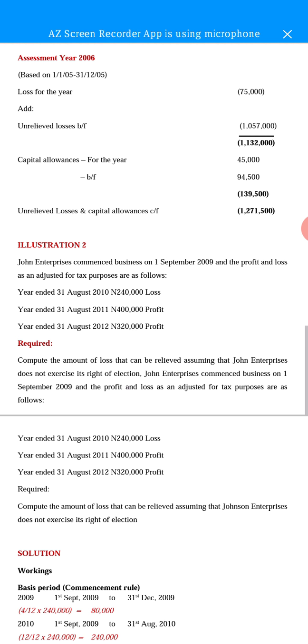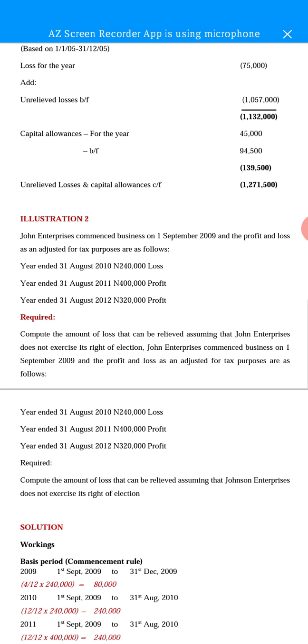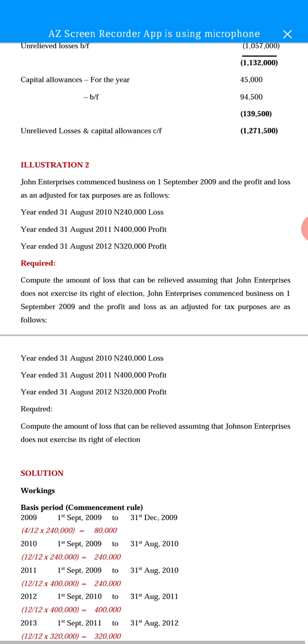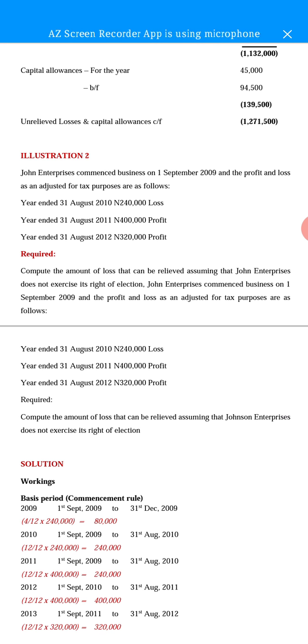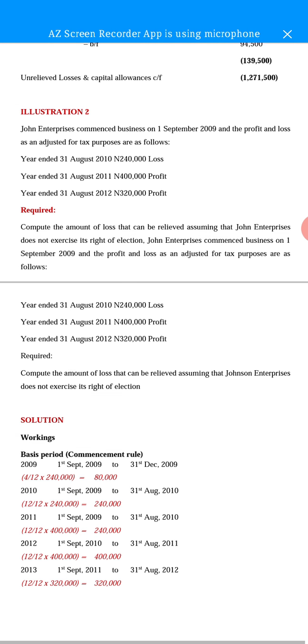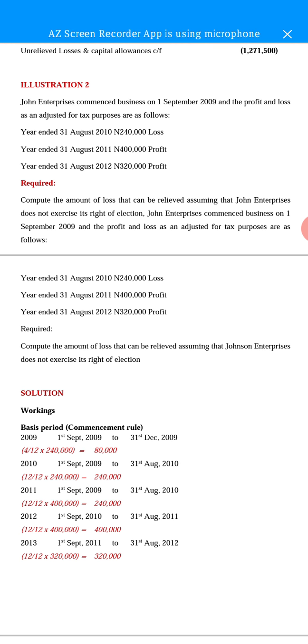As at 31st August 2010, John made a loss of 240,000. 2011, August 31st, he made a profit of 320,000. Required: compute the amount of losses that can be relieved, assuming that John Enterprises does not exercise its right of election.